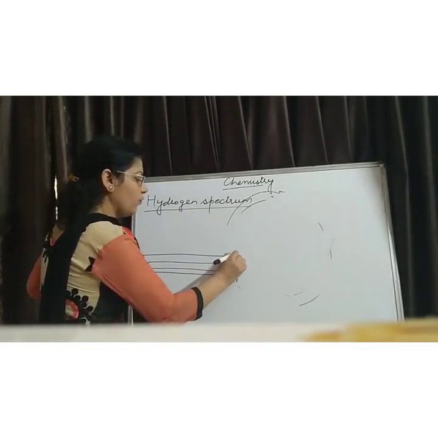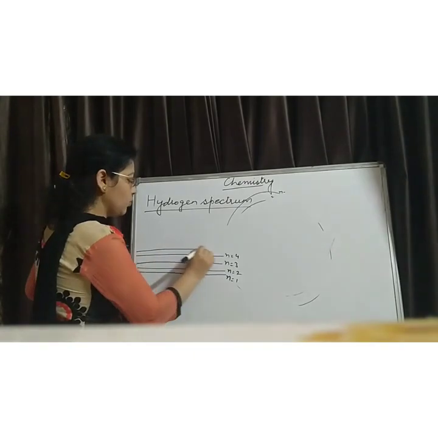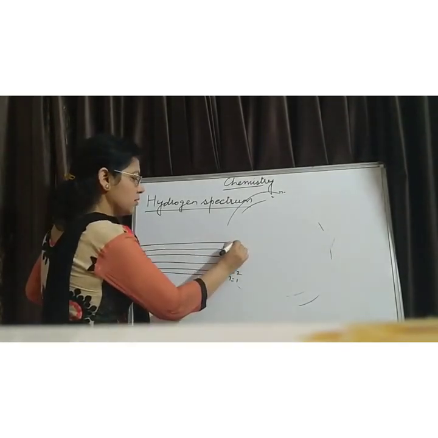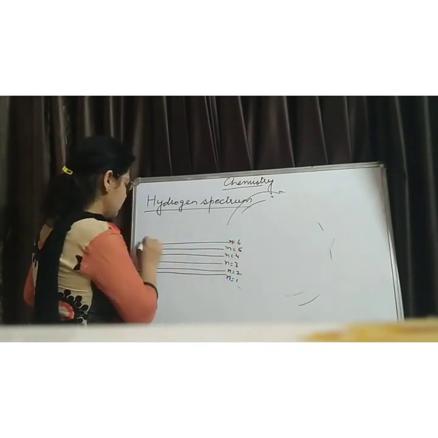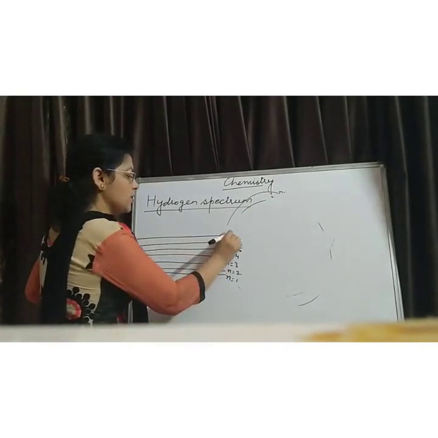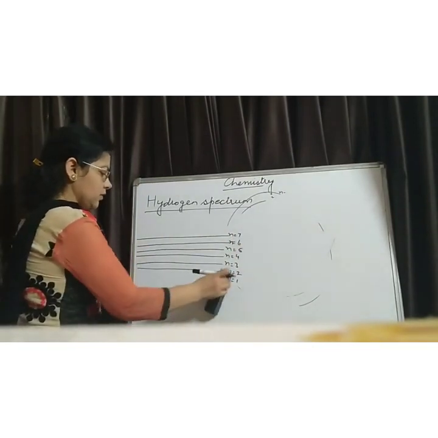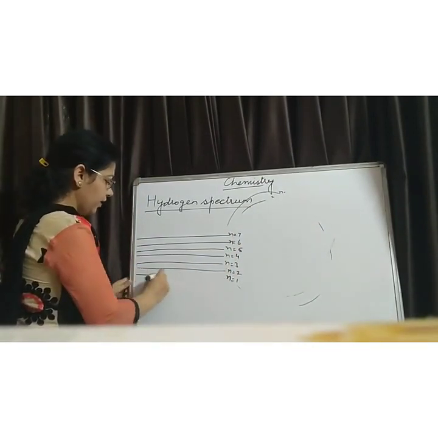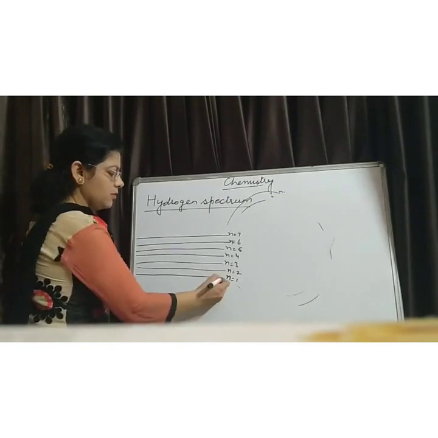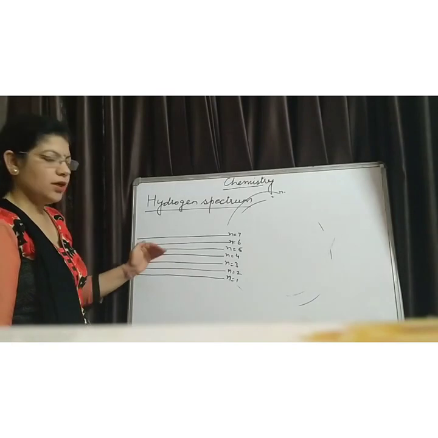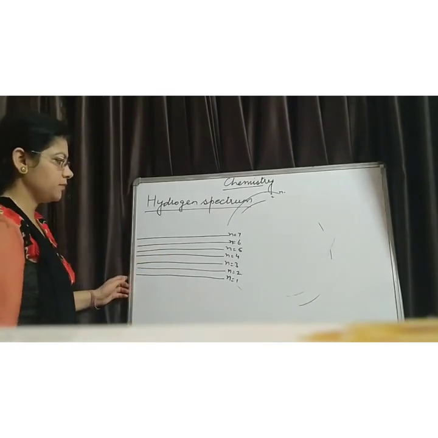N is equal to 4. N is equal to 5. N is equal to 6. N is equal to 7 and so on. These are different orbits or different shells in which the electron may be present.